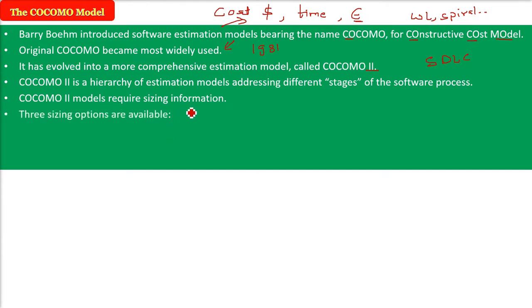So these are sizing options. It can be the object points. It can be the function points. Function point analysis we have already seen. And the lines of source code.